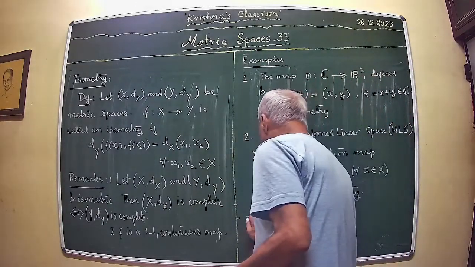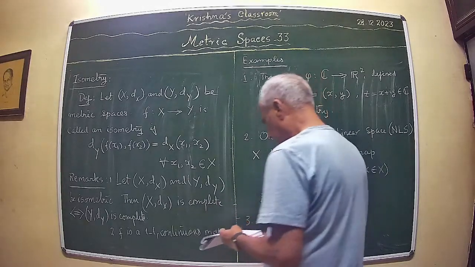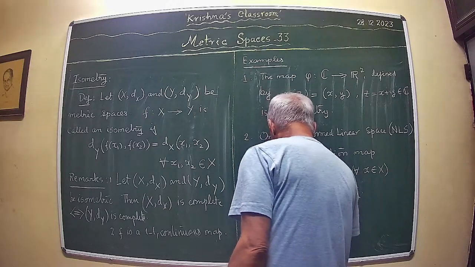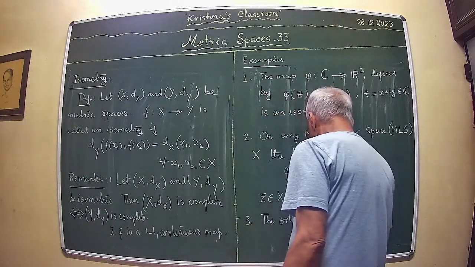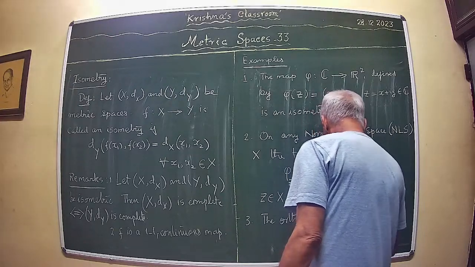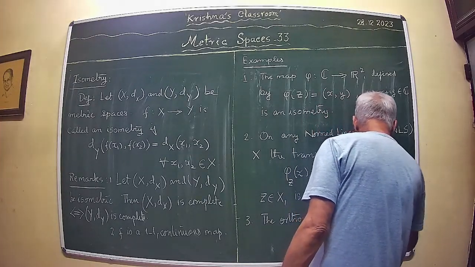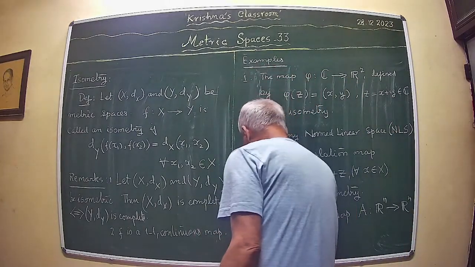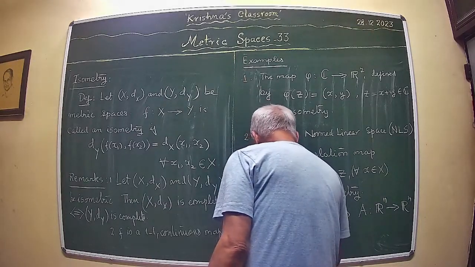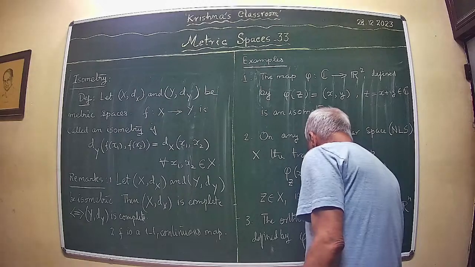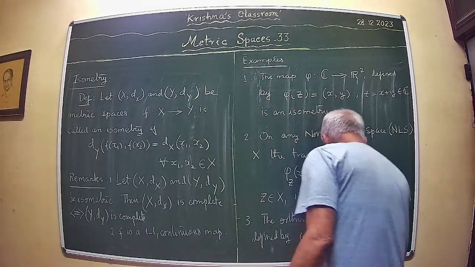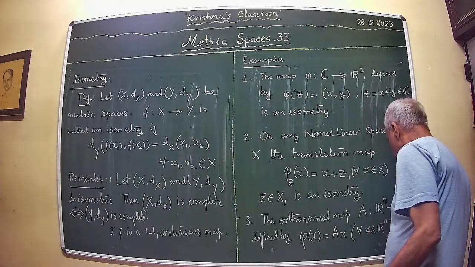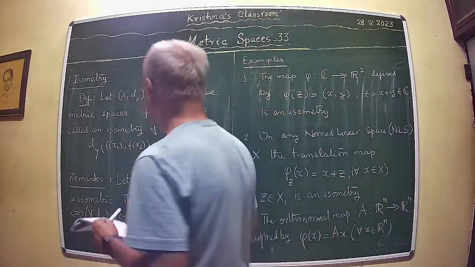Now the third example is that the orthogonal map A defined by x goes to Ax for every x belonging to Rn.